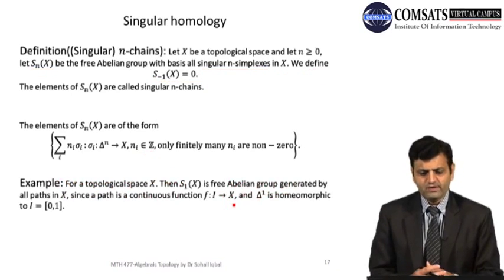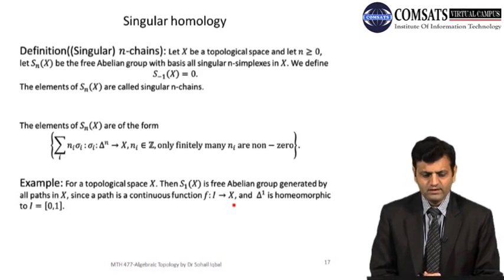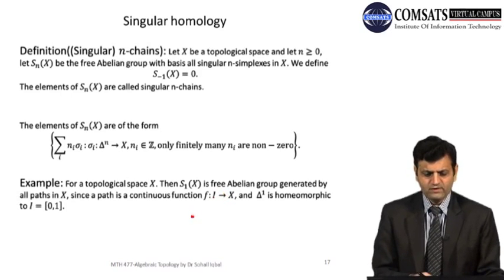For a topological space, S1 of x is the free abelian group generated by all paths in x. Since a path is a continuous function and delta 1 is homeomorphic to [0,1], this is the same reason we discussed earlier, that a one simplex is homeomorphic to the closed interval [0,1] on the real line.